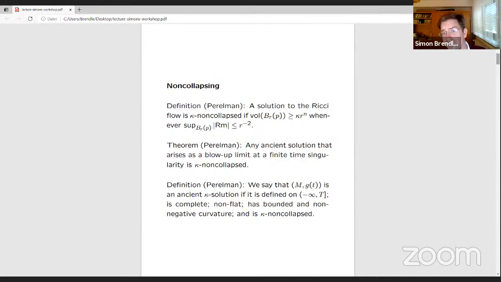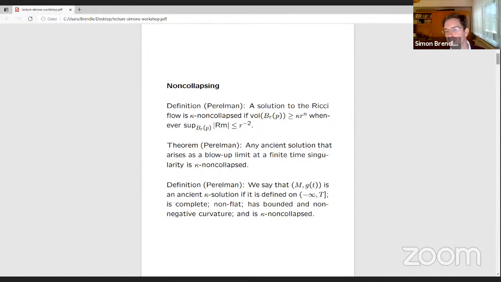Now, the definition of non-collapsing is that we want the volume of a geodesic ball of radius r centered at any point p to be bounded from below by kappa times r to the n, where n is the dimension, provided that the maximum curvature in this ball is bounded by 1 over r squared.